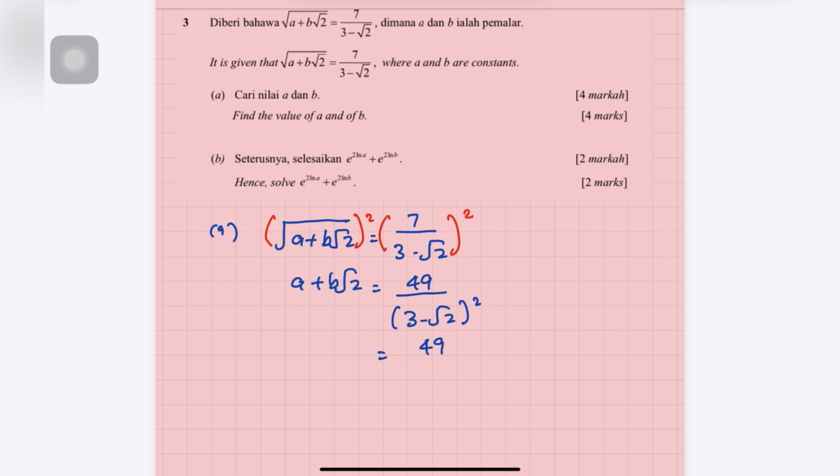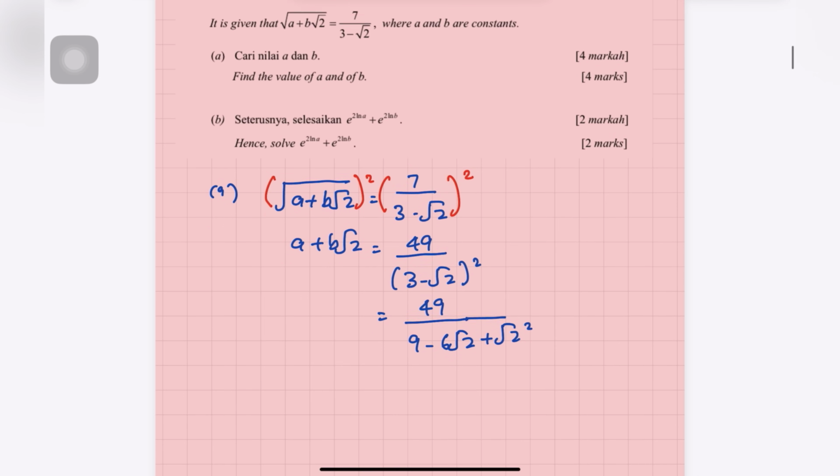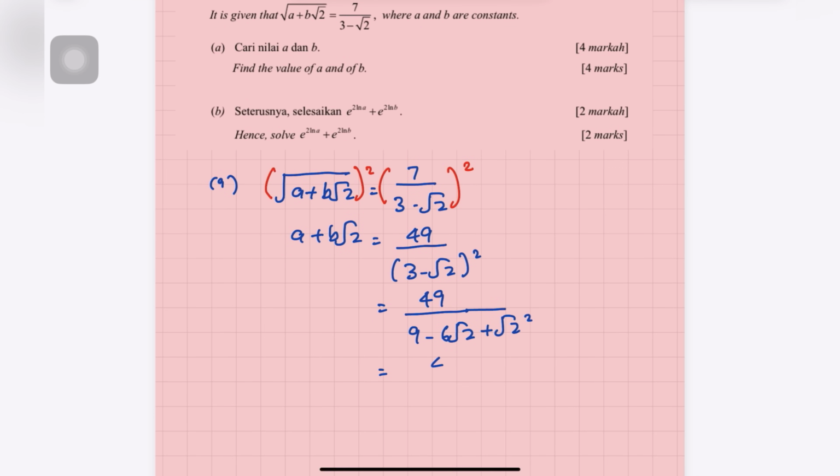So 3 squared is 9, minus 3 times root 2 times 2, so 6 root 2, plus root 2 squared. Okay, so we continue. Then we simplify to become 49 over, root 2 squared is 2, so 9 plus 2 is 11 minus 6 root 2.